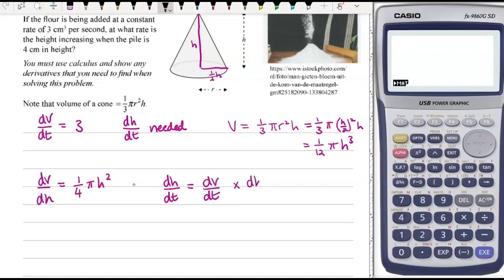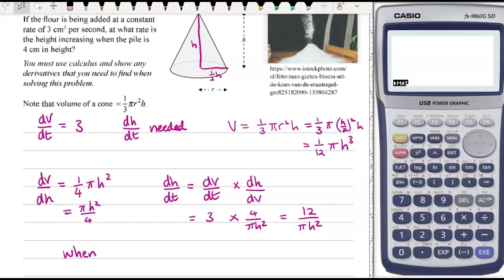We need to introduce dh on the top, and we need to cancel out dV on the bottom. So that's what we had here, but flipped over. So dV by dt is 3. If we flip over dV by dh, let me write this like this, it might be easier to see, we've got 4 over pi h squared. So that's 12 over pi h squared.